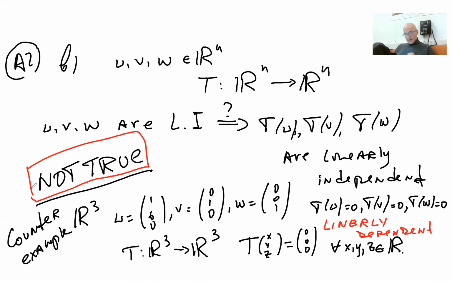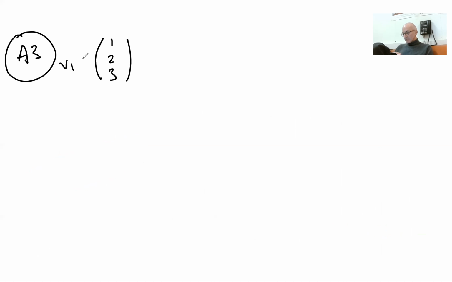Okay, the next question is problem A3. You have two vectors, (1, 2, 3), let's call it v1, and a second vector, (4, 5, 6), let's call it v2.